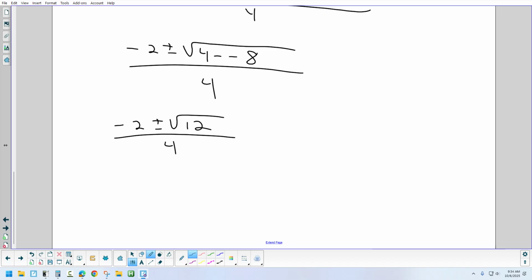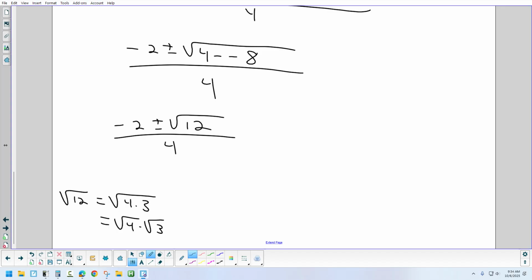Now, once we get that, we just have to look at the square root. Can we break up the square root of 12 so it's a product of 2 numbers, and one of them is something you can take the square root of easily? Yeah, you could break this up into 4 times 3, which is 12, and you can split that into 2 square roots. Just like that.